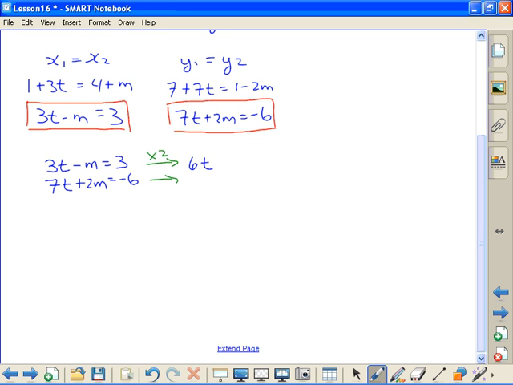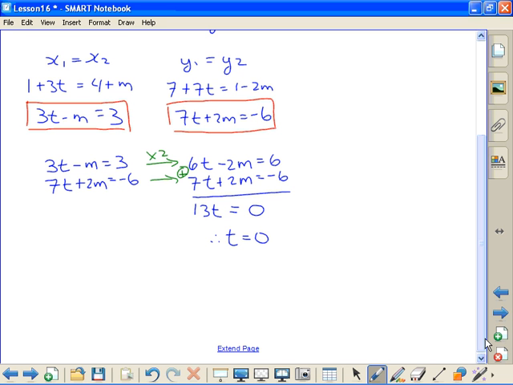So 6t minus 2m equals 6. 7t plus 2m equals negative 6. The signs are opposite, so I'm going to have to add. So 6 plus 7 gives me 13t plus 0m equals 6 take away 6, which is 0. So therefore, t is equal to 0.